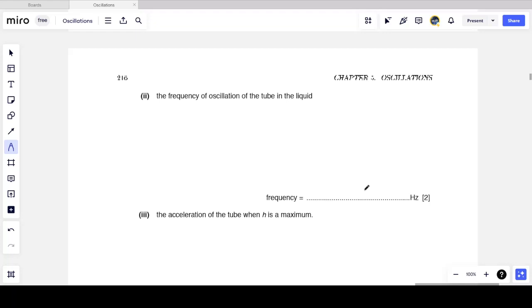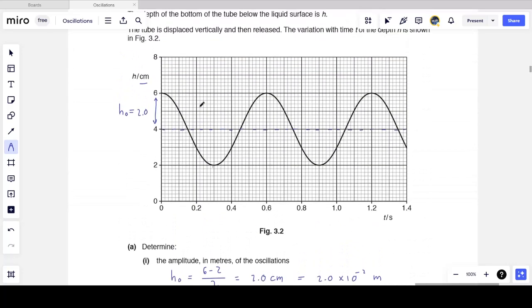So not too bad. Although the question seemed complicated, mathematically it really wasn't that complicated. The next question asks us to find the frequency of the oscillation of the tube in the liquid. Now we can just apply our regular equations of simple harmonic motion. Finding the frequency directly might be a little difficult, so let me find the period first.